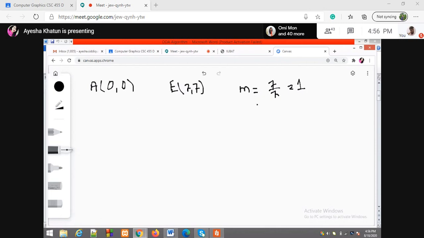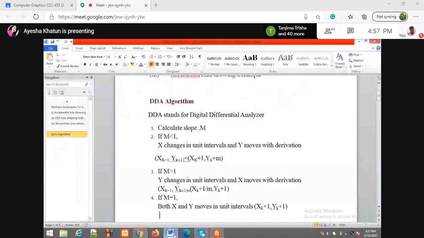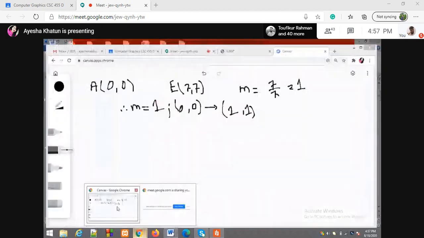So for 0, 0, since m is equal to 1, the next point will be 1, 1, right? Because both will be incremented by 1. According to the algorithm, if m is equal to 1, both x and y move in unit interval. So xk plus 1, then yk plus 1. So that is how we got 1, 1.